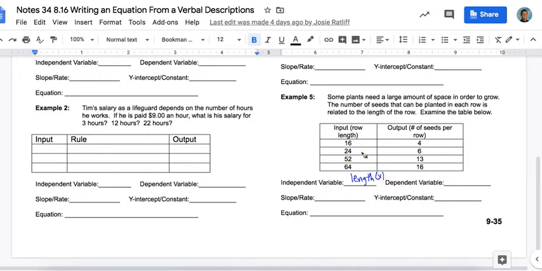And our output is our dependent variable, and it says the number of seeds. So we'll say number of seeds, and that's going to represent y. Okay, so once again, y equals mx plus b. And since I have a table, I need to find the slope first. I should have been finding the slope from the table before I started writing the equation in the other examples.